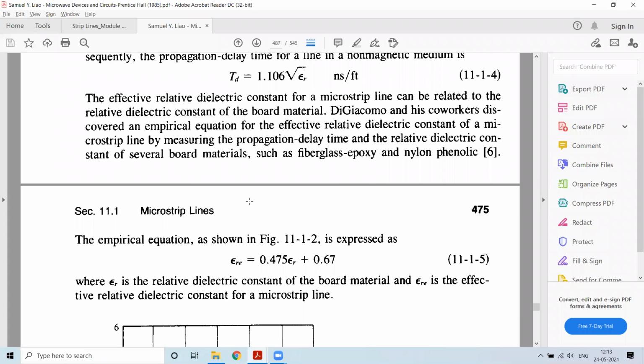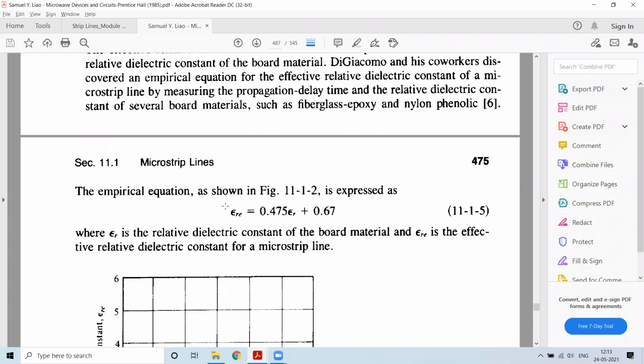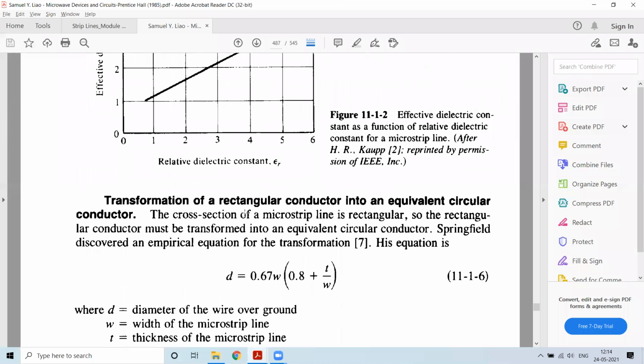So when we consider the comparative method, the effective dielectric constant for the waveguide is given by epsilon re, which is 0.475 times epsilon r plus 0.67. So this is one substitution. Then apart from that, I have to make the substitution of d.